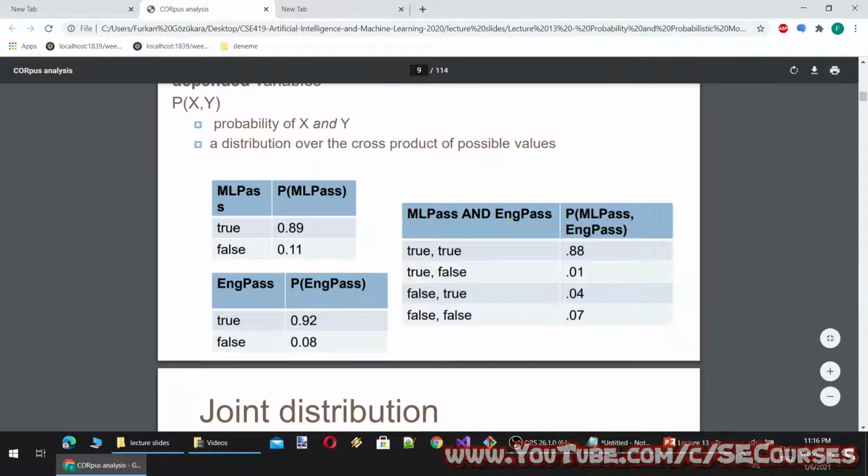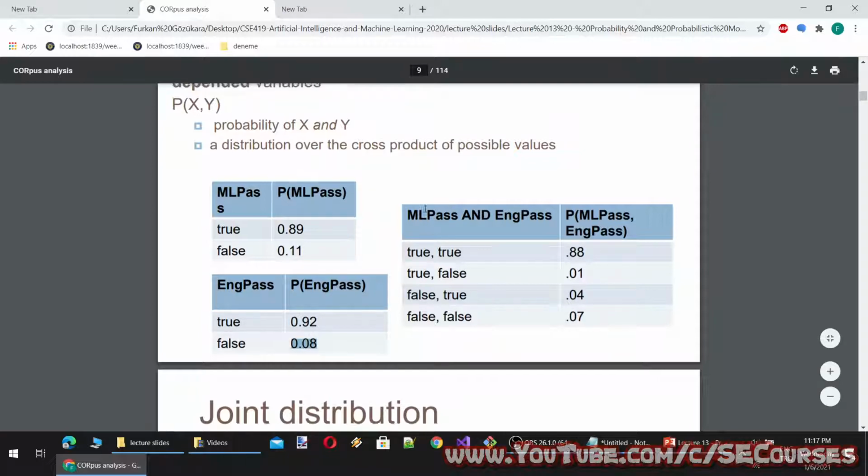So the probability of your passing machine learning being true is 0.89, and the probability of not passing it is 0.11. Then we have English pass: the probability of passing English is true for 0.92 and false for 0.08.